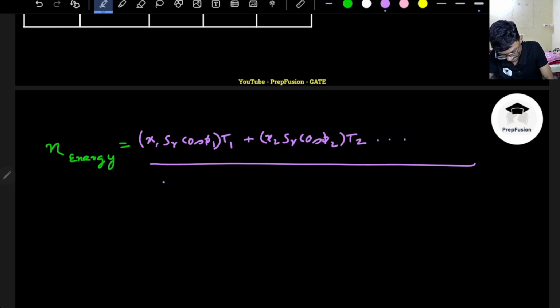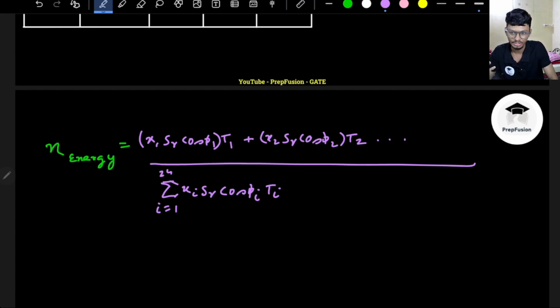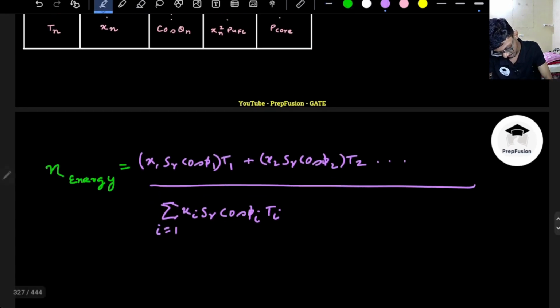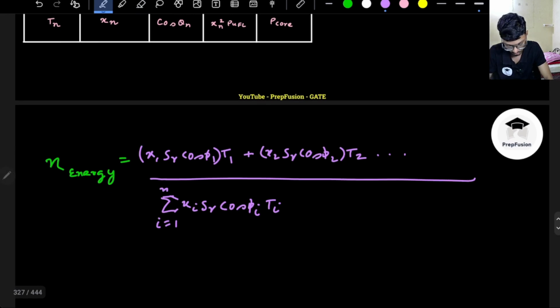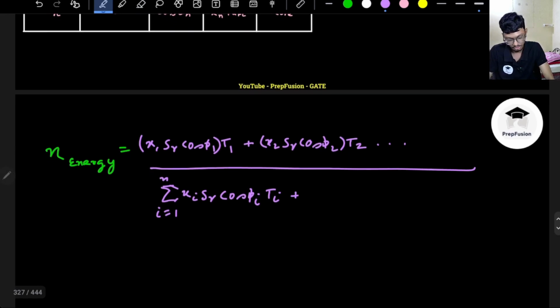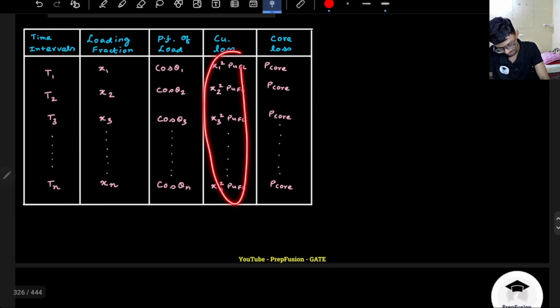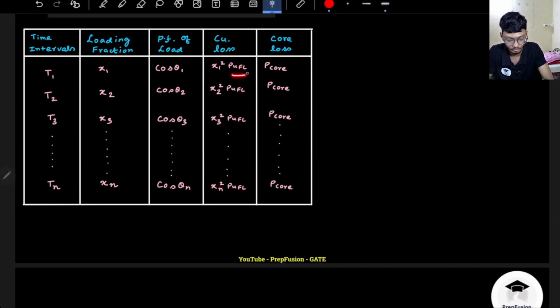It will be the sum of xi, S rated is constant, cos phi i into ti, where i goes from 1 to 24, because in the day I have 24 hours and for each hour I am calculating, or i equals 1 to n, any value, plus the losses. Now losses also get added, right? The copper losses will simply get added, so it will be x1 whole square into PCFL into t1, x2 whole square into PCFL into t2, like this.